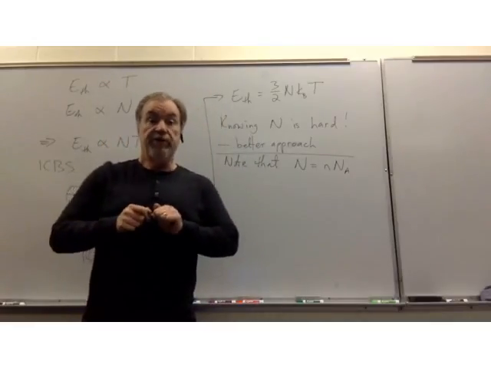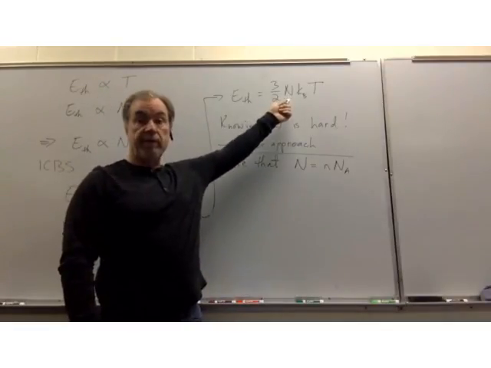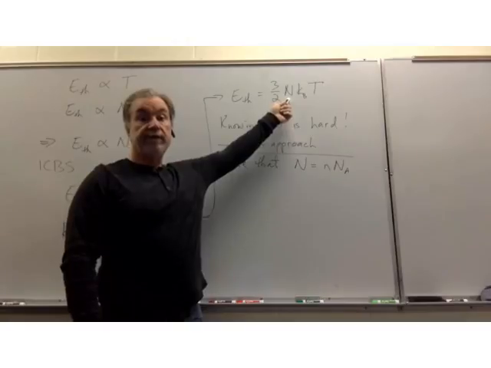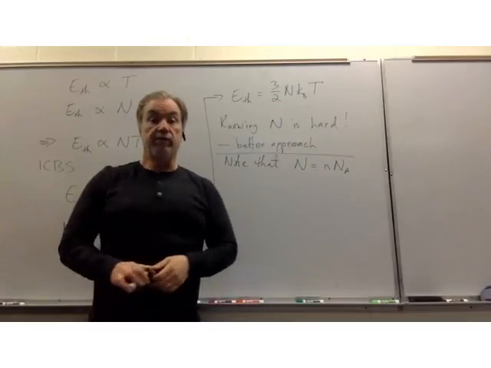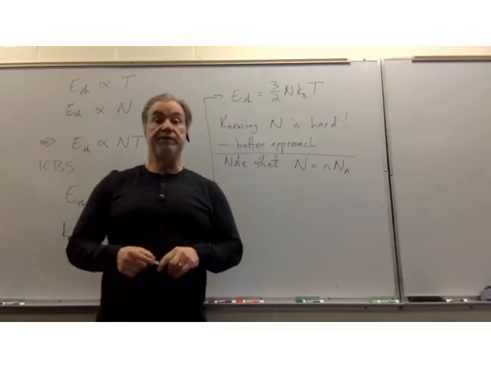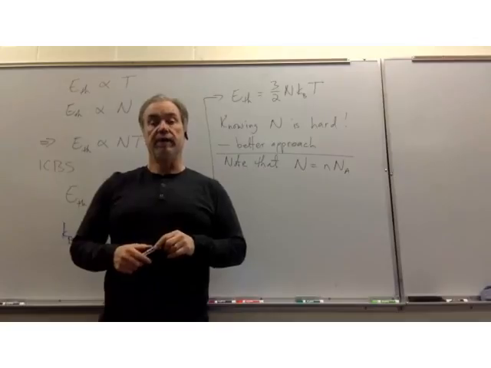What I've done now is shifted the problem from figuring out how many particles of gas we have in our container to figuring out how many moles of gas we have in the container. And this is only useful if we imagine that it's easier to figure out the number of moles than it is to figure out the number of atoms.